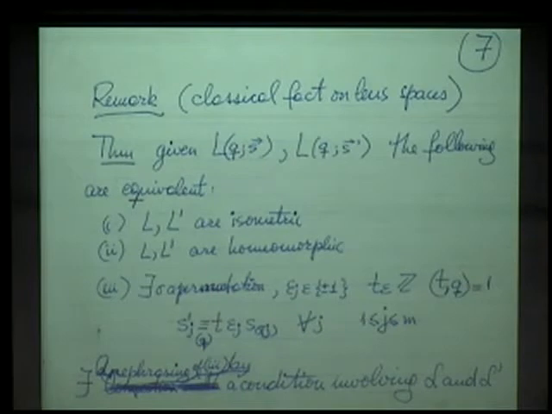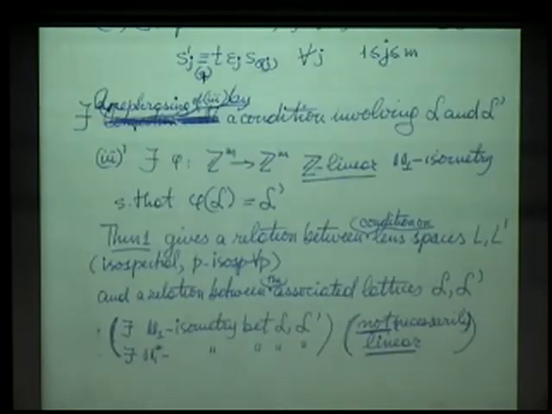But then we have to rephrase the third condition. And it's a rephrasing that is illuminating, I think. This condition can be expressed as follows: there is a Z-linear norm 1 isometry that takes one lattice to the other.